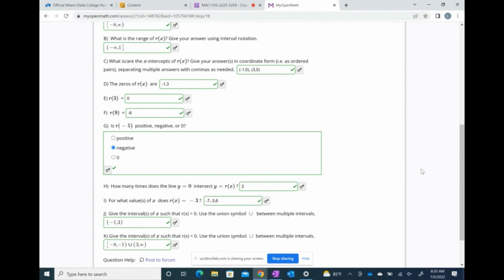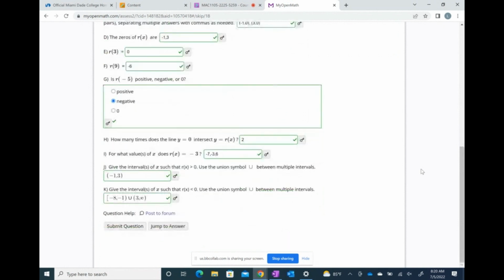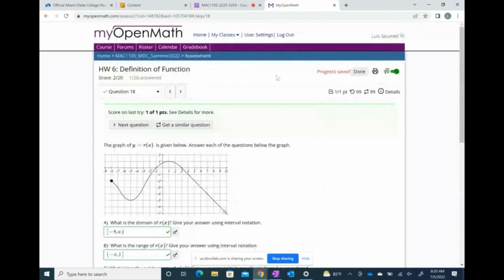But then for J and K, we need to talk about nonlinear inequalities, because we only have discussed linear inequalities. We will do that at some point, and then you'll be able to answer this too. Okay, when a function is below or above the x-axis. But we will get there in time. Okay, good. Are we okay with this?